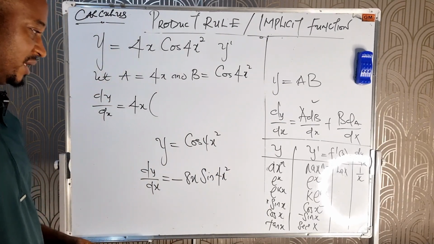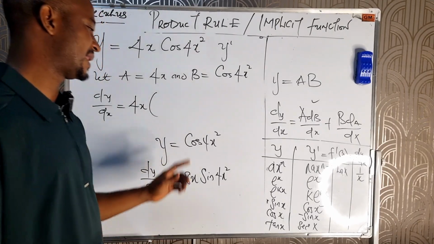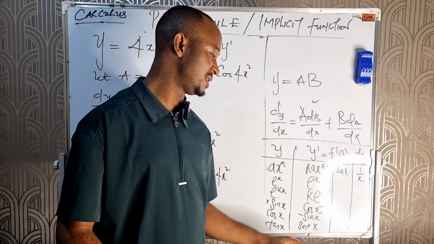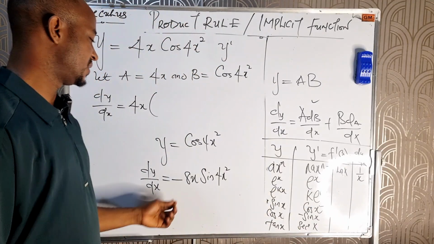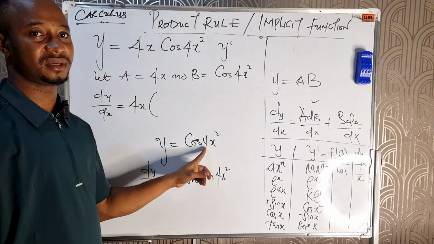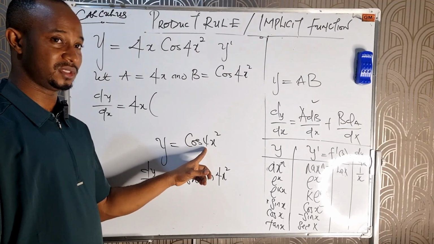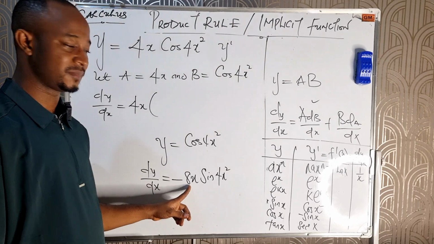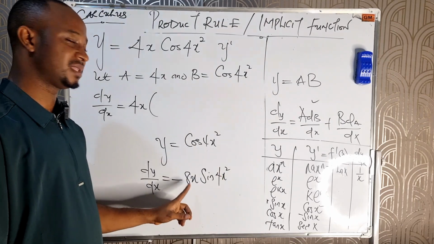Let me explain again. We already know that anytime we differentiate cos, we must have a negative answer, negative sine x. So the first thing is to bring out that negative value. Then differentiate what you have here, this function 4x squared. We have this as 8x. So when we differentiate 4x squared, we have 8x.